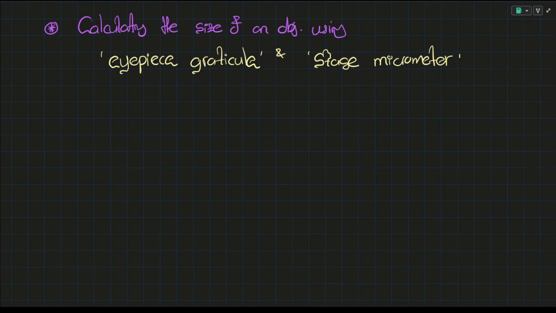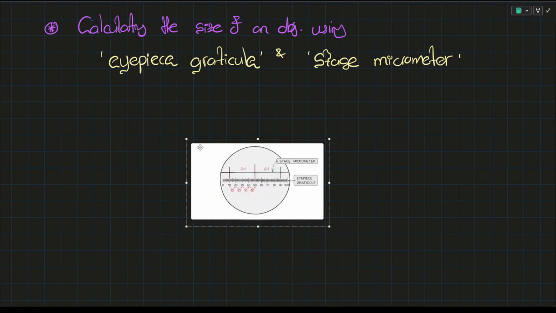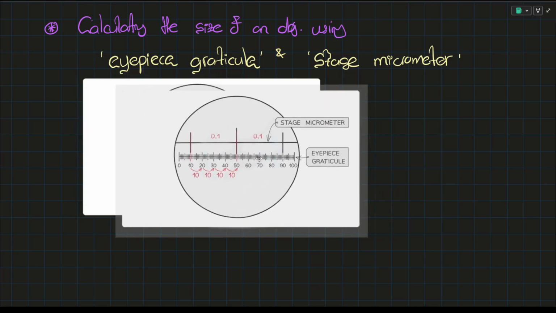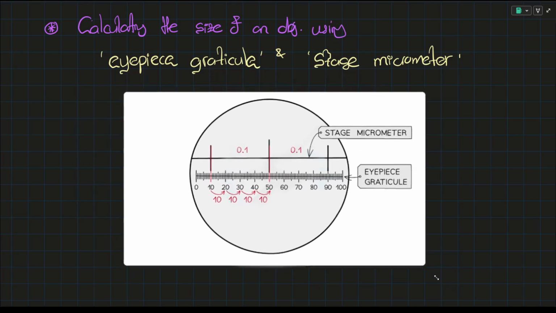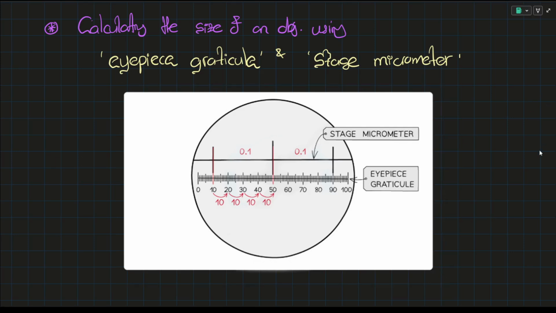So first of all, pay attention to this. These are the two distinct parts. Here we have the eyepiece graticule, and here we have the stage micrometer. It is not complex, but it's tricky when you first see it. If you're not properly introduced to it, that's going to be a problem.